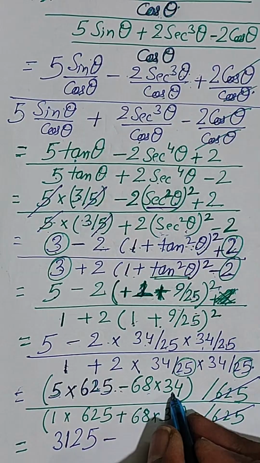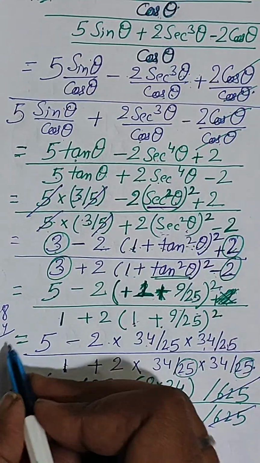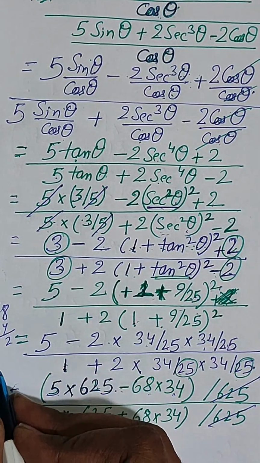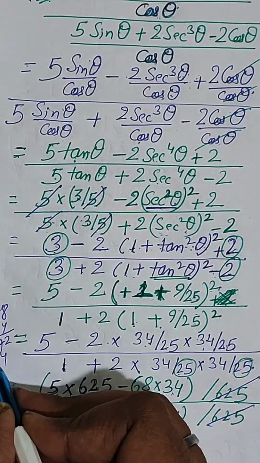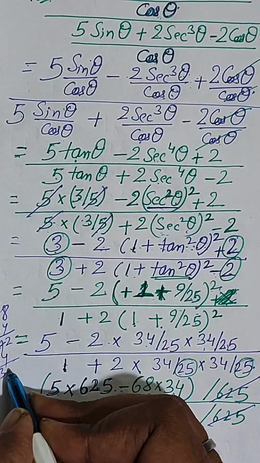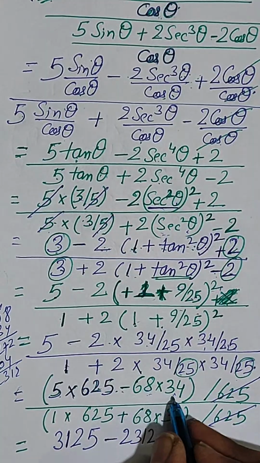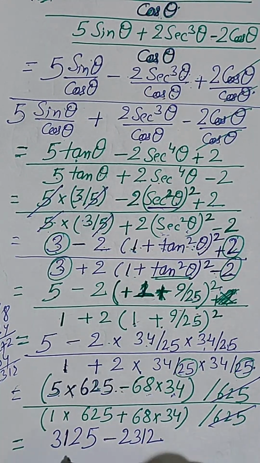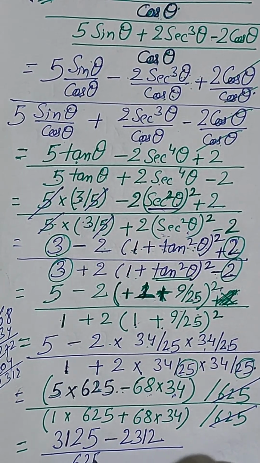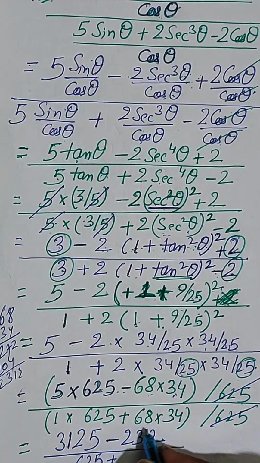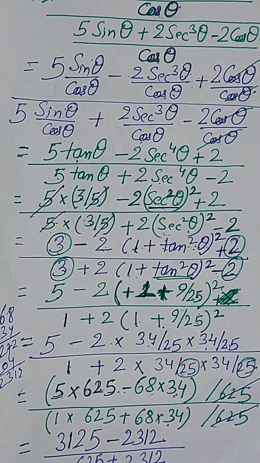So 68 into 34, just do it. 68 into 34: 272, and 2040. So it becomes 2312, 68 into 34, right? Whole divided by 625 plus 68 into 34 is again 2312, right?